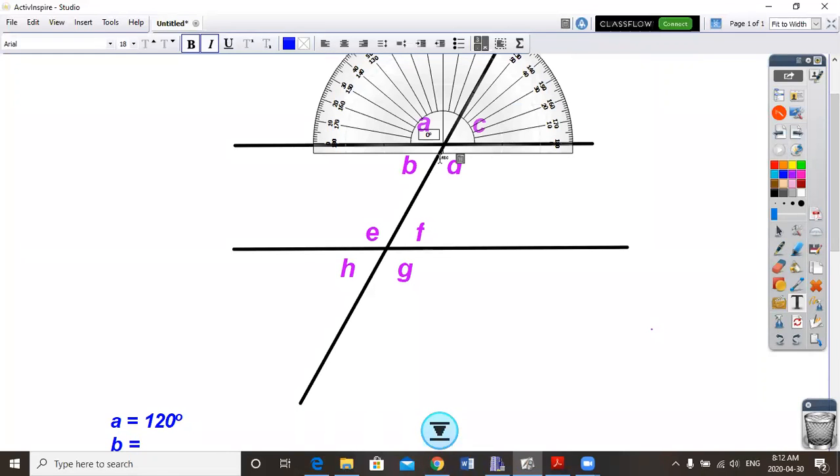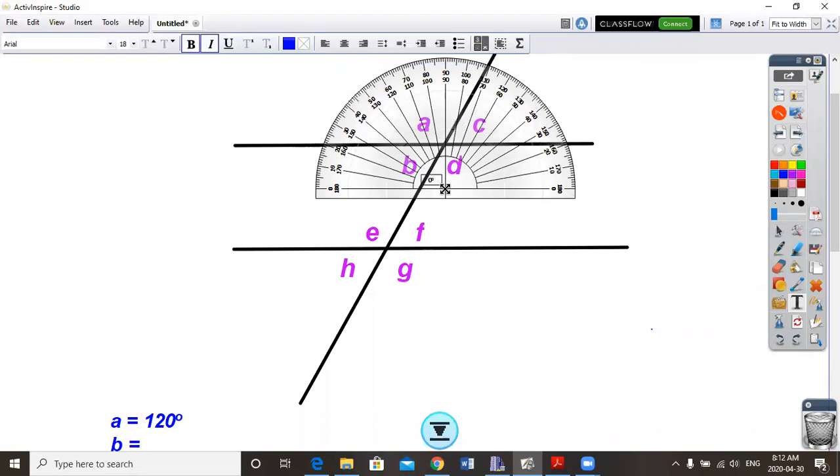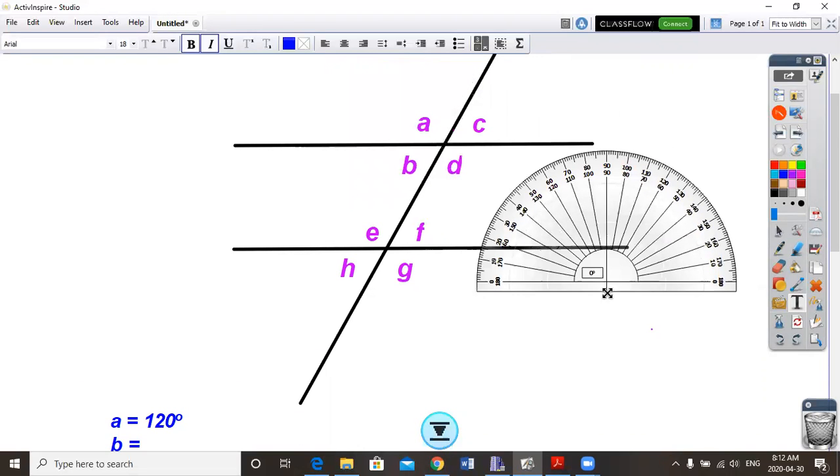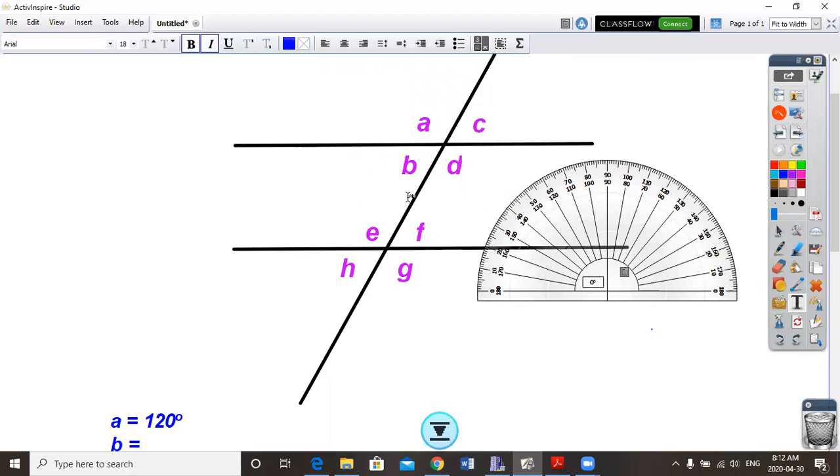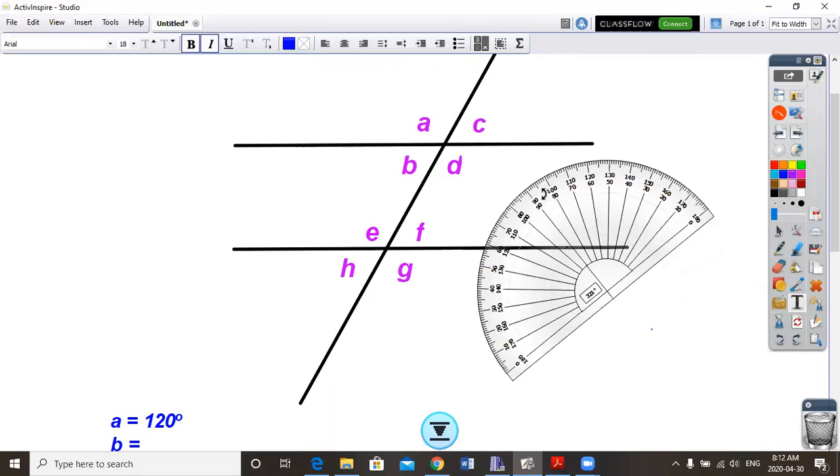We'll next measure angle B. Now for angle B, we have to take our protractor and move it. We want to measure the angle here. There's two ways we can do it. We can line up the protractor along the transversal, or we can flip the protractor over and line it up along this line here. So I'll do that instead.